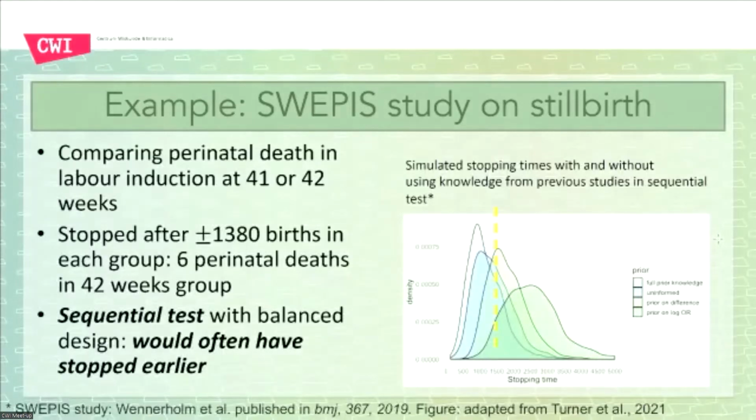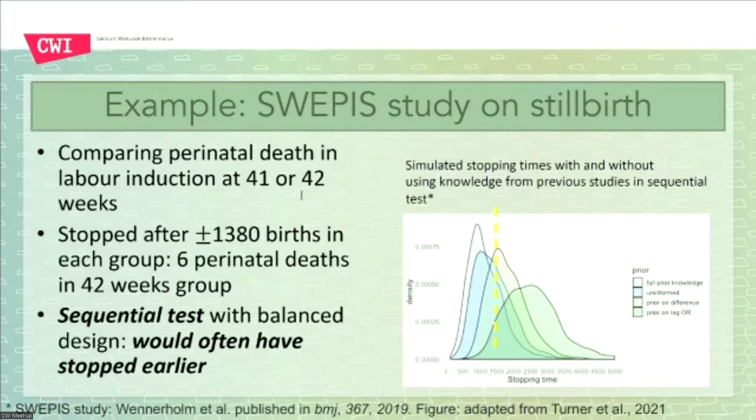First, an example to get you interested in the problem. Something we analyzed for one of the first papers we wrote was something that really happened, the Swedish study on stillbirth. In this Swedish study they wanted to compare two strategies of managing pregnancies, inducing labor at 41 weeks or at 42 weeks.